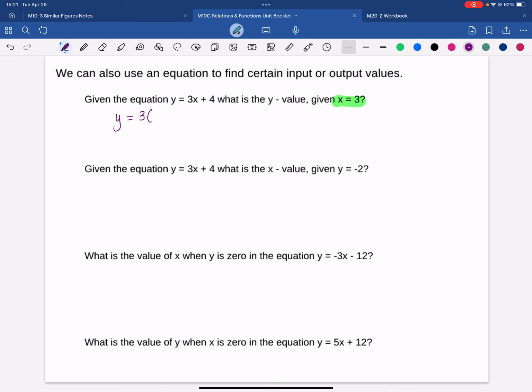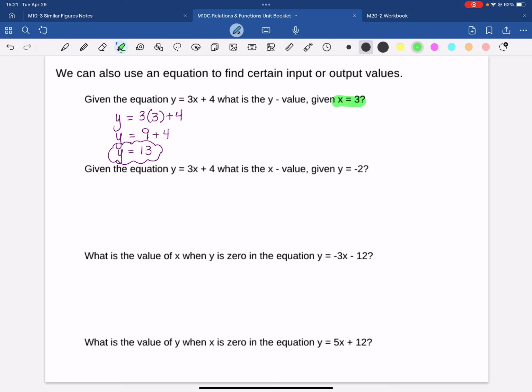That's going to be replaced in brackets in your equation. Okay, so I want to see the actual replacement of it. And then if you would like to, you can evaluate, or you can go straight to your answer. So given our x value of 3, our y value would be 13.